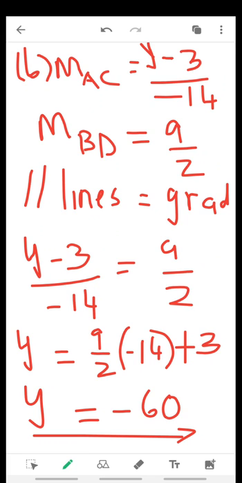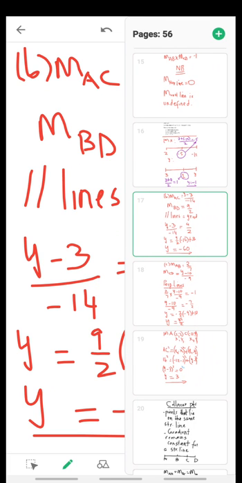But what do we remember about AC and BD? AC, BD, parallel lines. Parallel lines have equal gradients. Therefore, y minus 3 over minus 14 is equal to 9 over 2. When you cross multiply, 9 over 2 multiplied by negative 14, then transpose the minus 3, we are getting y equals negative 60.